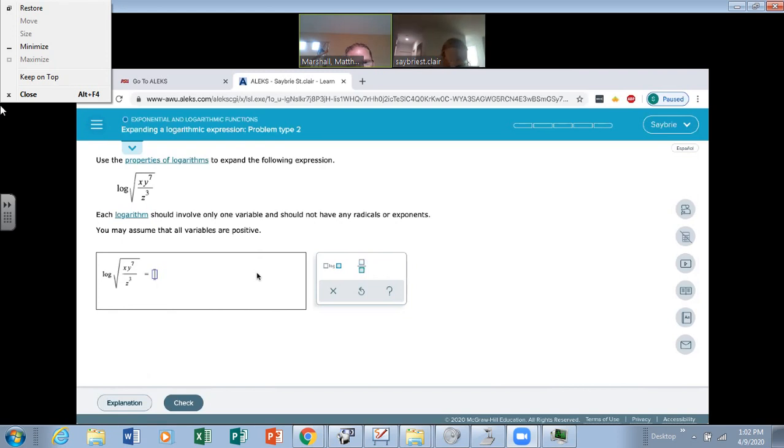So I'll do this step by step with you. Hopefully that first picture is coming. And then my next step, I'm going to write that log square root of x y to the 7th minus log square root z to the 3rd.